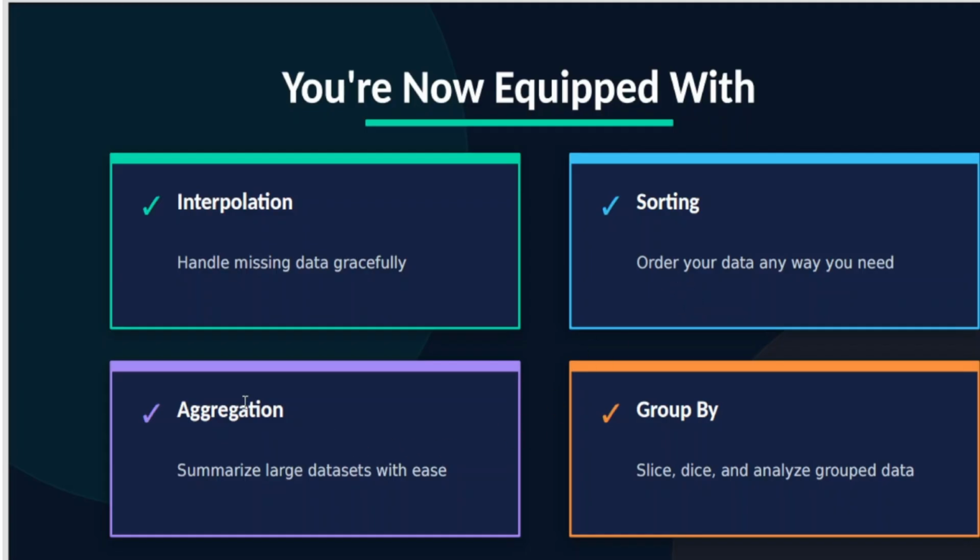You will be able to use aggregation functions to summarize large and larger data sets easily, and you will be able to apply aggregation functions like sum, mean, median, minimum, maximum, and standard deviation easily. And you will be able to use the group by function so that you can group multiple columns together to analyze more and more insights about the data set.